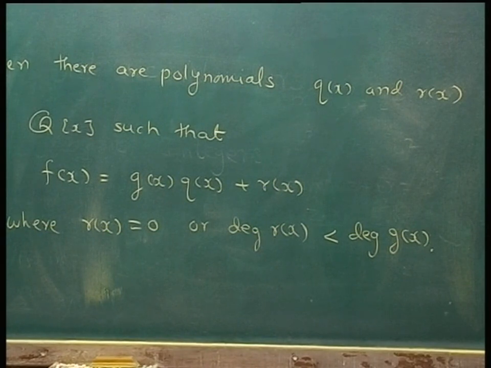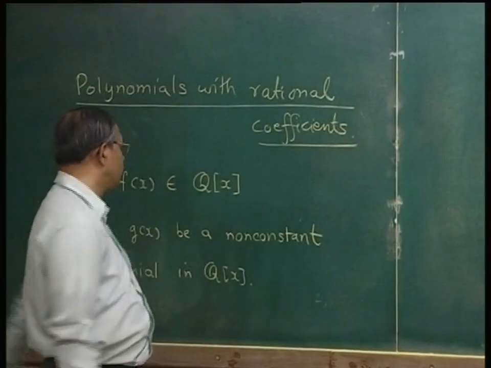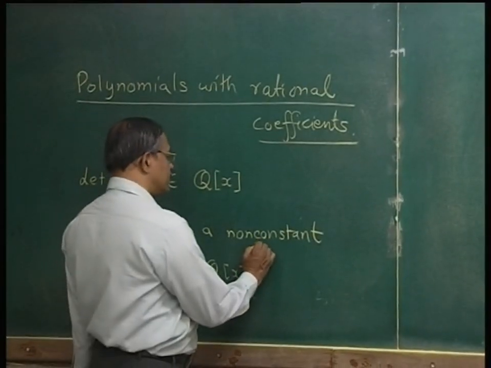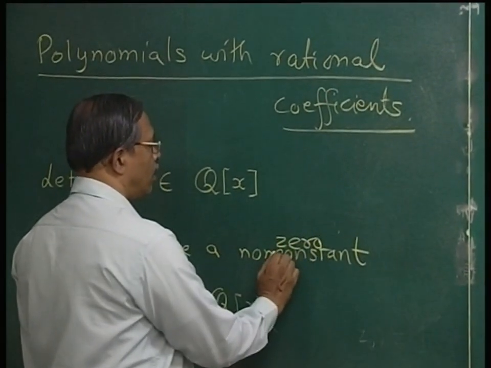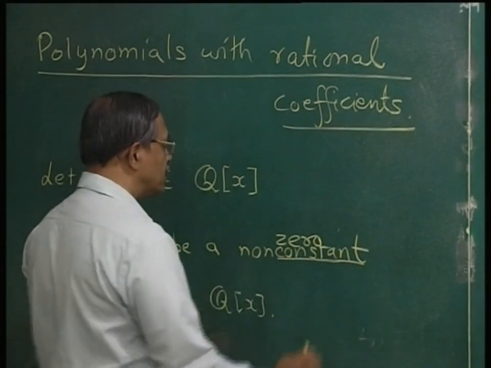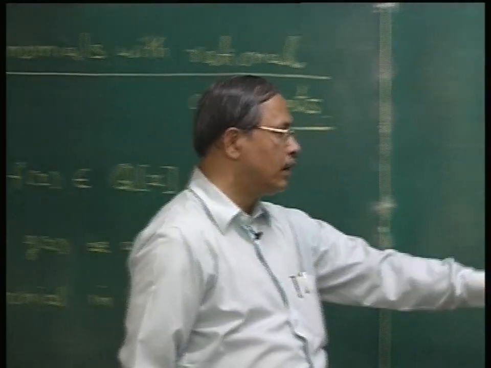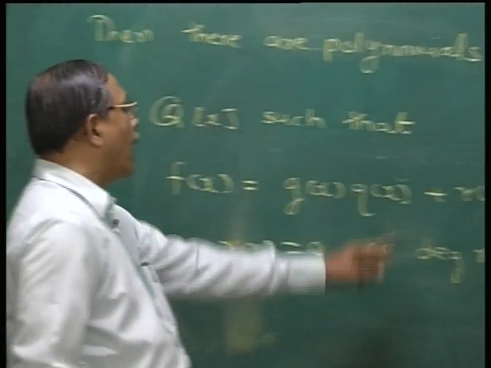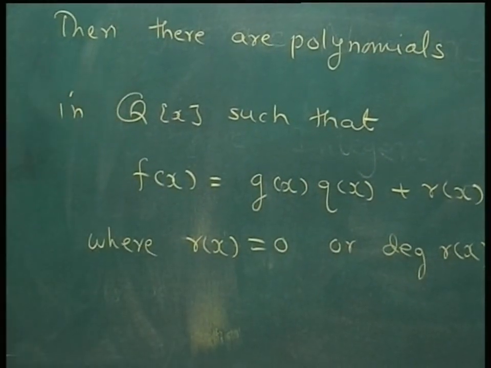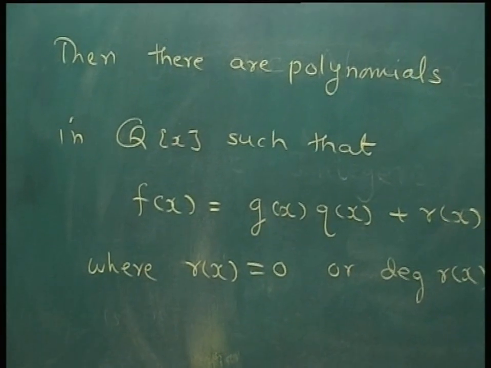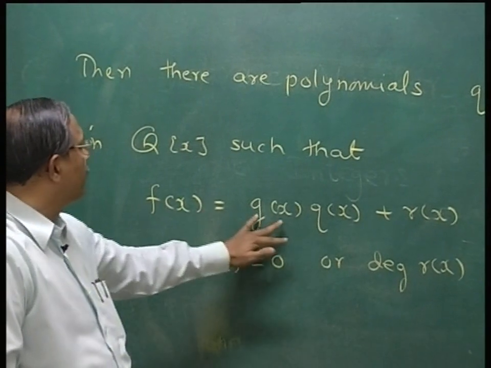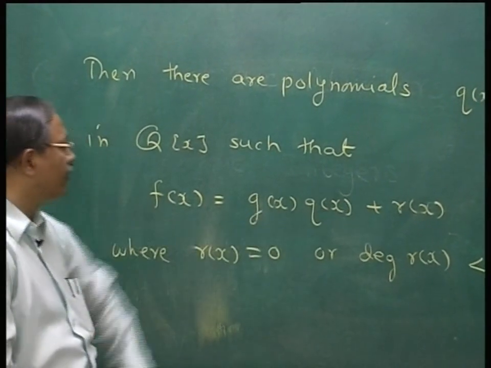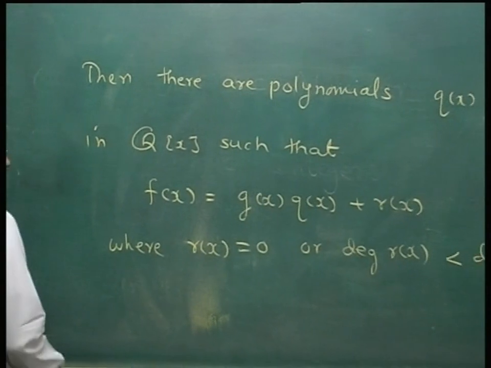Here we can even take a non-zero polynomial and we can divide by that. So let me say it is a non-zero polynomial. If it is a constant polynomial, then r(x) will be 0 only. So take g(x) to be a non-zero polynomial. You are dividing f(x) by g(x), getting a quotient and getting a remainder. q(x) and r(x) are uniquely determined.